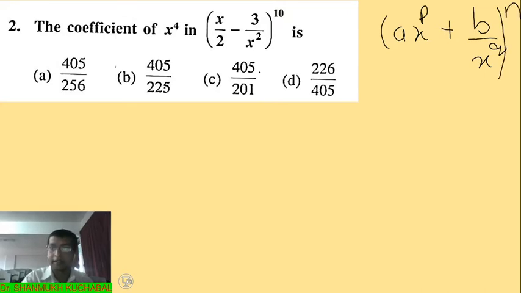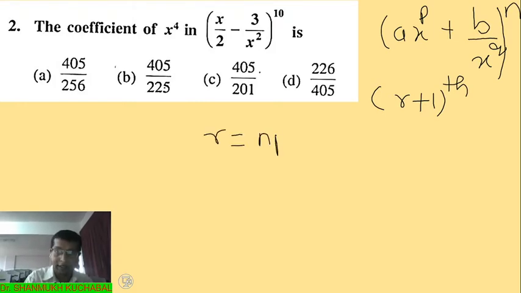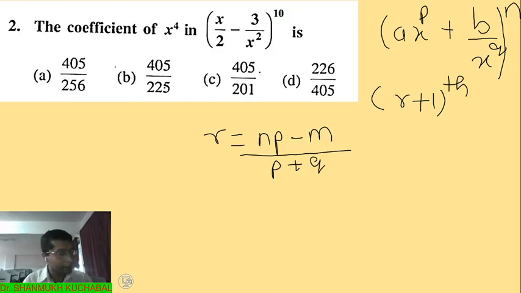Then we have to find the r plus 1 term. So that is trick number 1. First note, r equal to, the formula is (np minus m) whole divided by (p plus q). Then we will compare it.